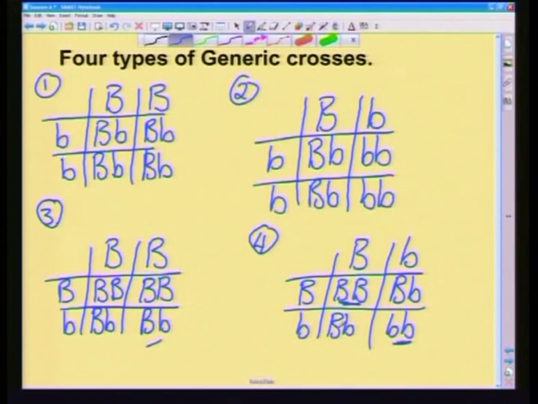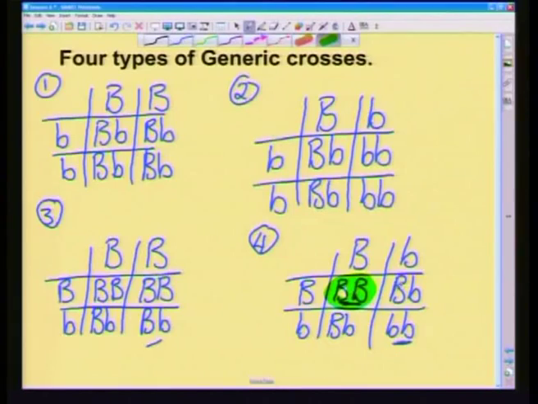But in the phenotype, in other words, what you are going to see, 75% of the offspring should look like the dominant characteristic.